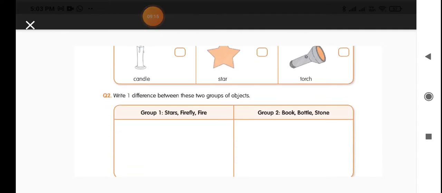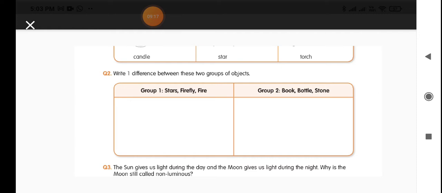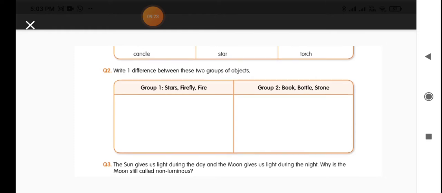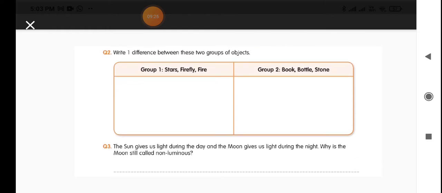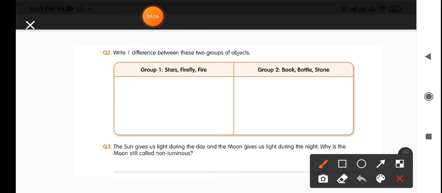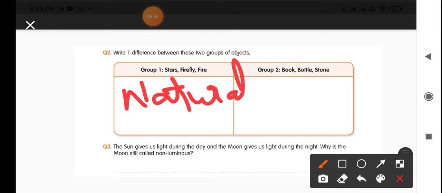Now you can see another one. Write one difference between these two groups of objects. Group 1 is stars, fireflies and fire, and group 2 is book, bottle and stone. How are they different? You know very well, stars, fireflies and fire are natural light sources.